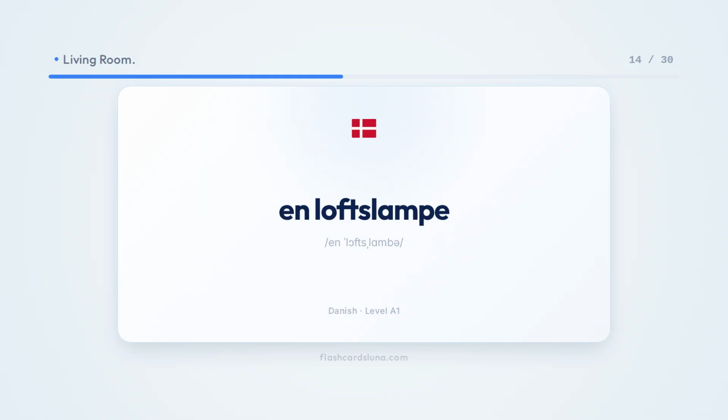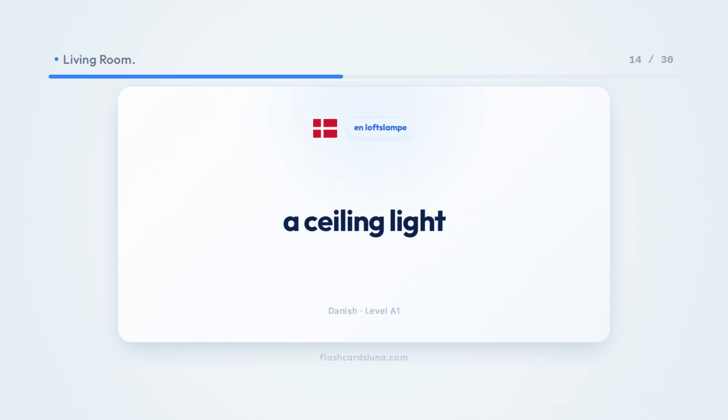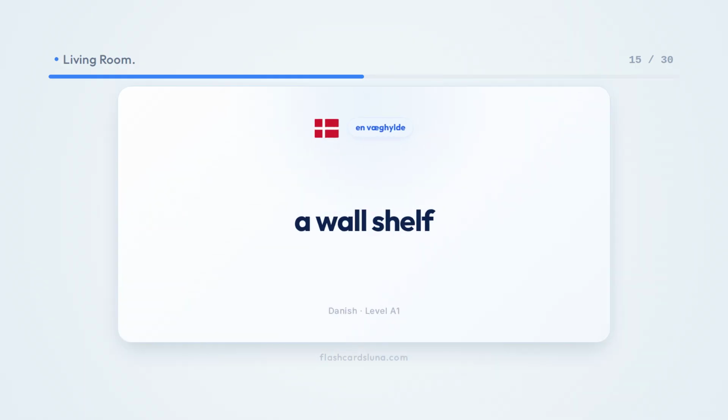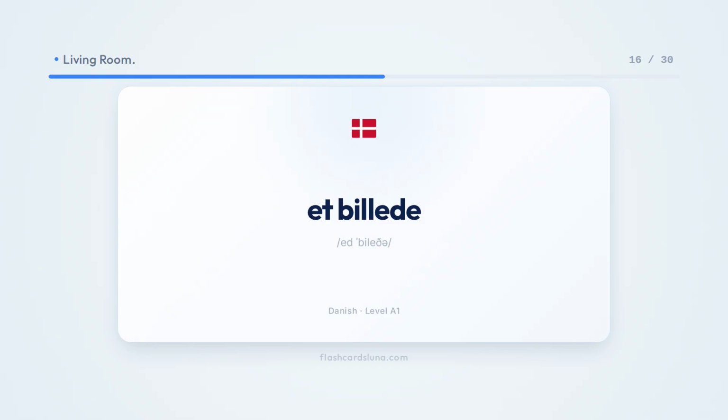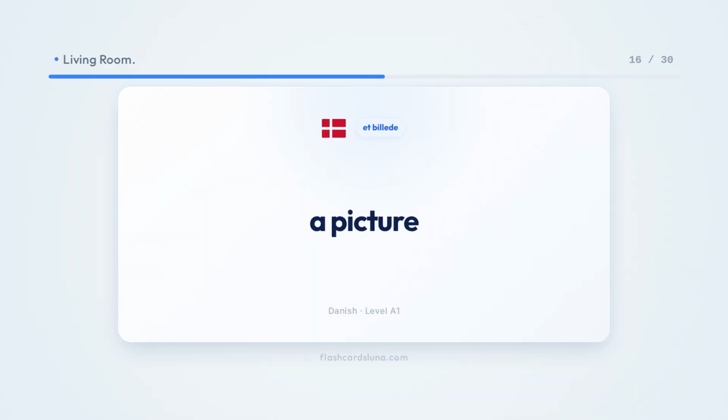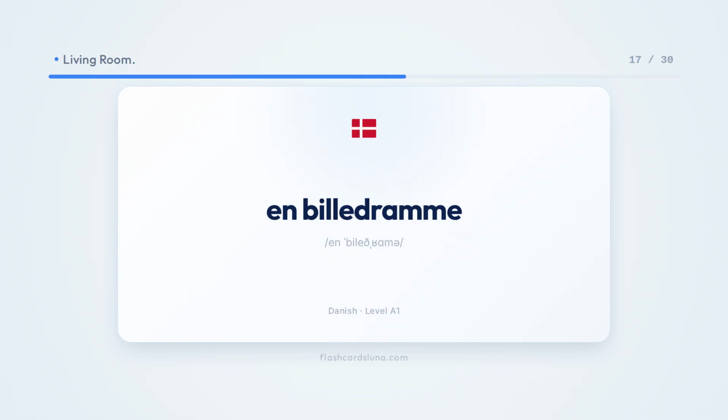En loftslampe. A ceiling light. En væghylde. A wall shelf. Et billede. A picture. En billedramme.